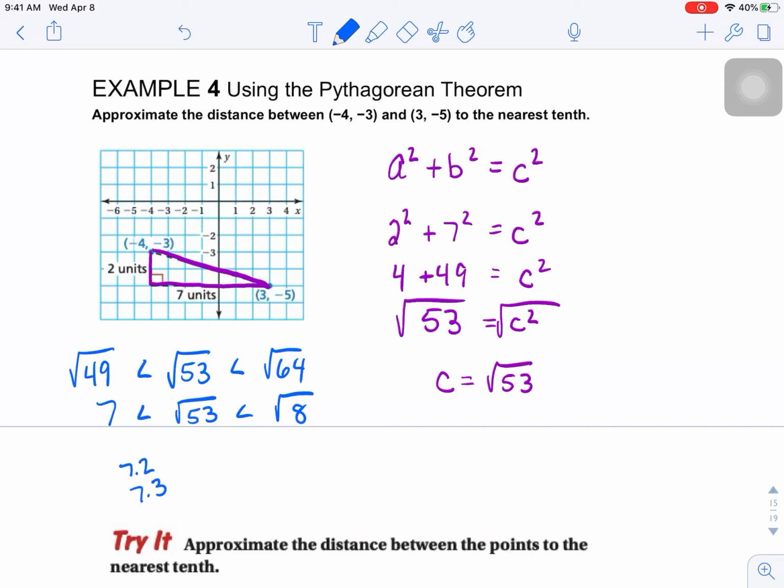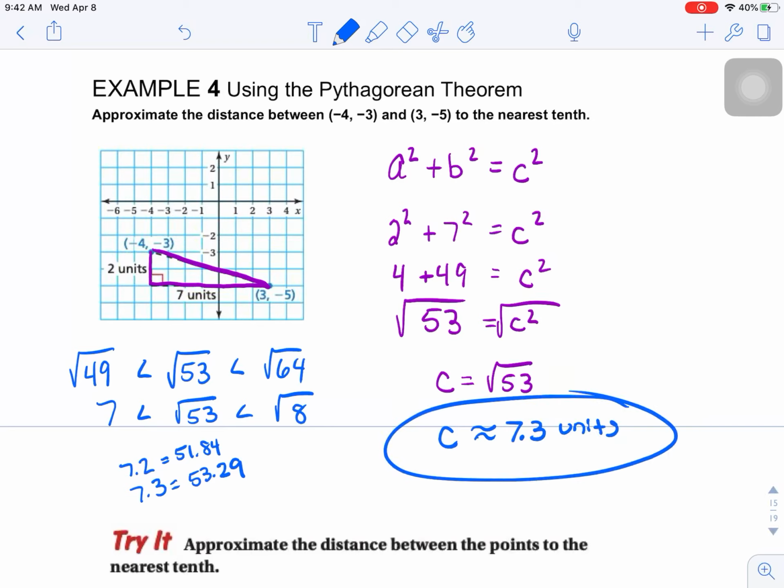If we multiply those out, 7.2 gives me 51.84, and 7.3 gives me 53.29. So my answer, c, is approximately 7.3 units.